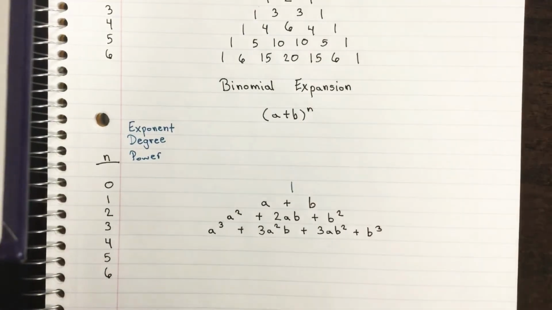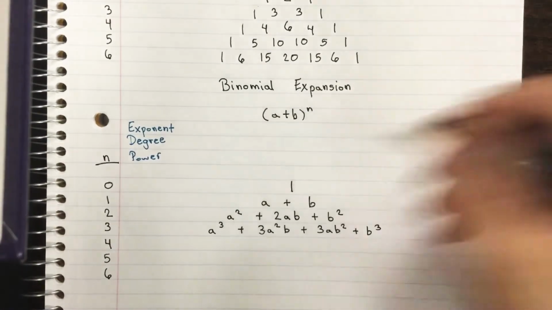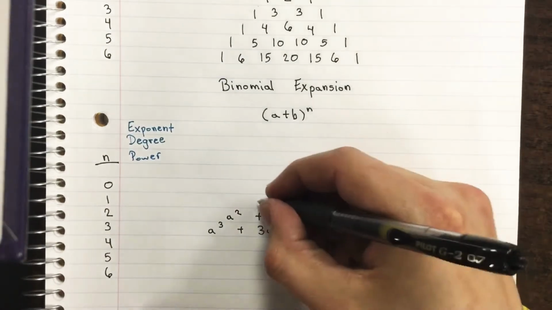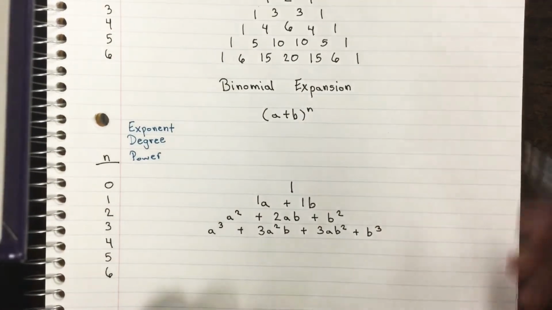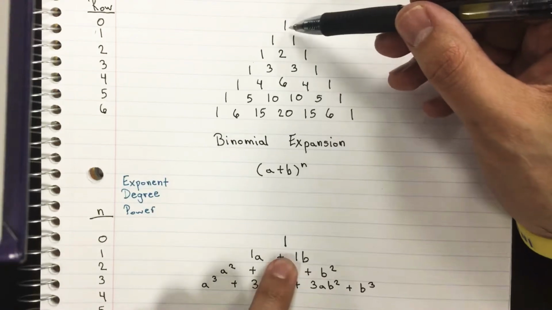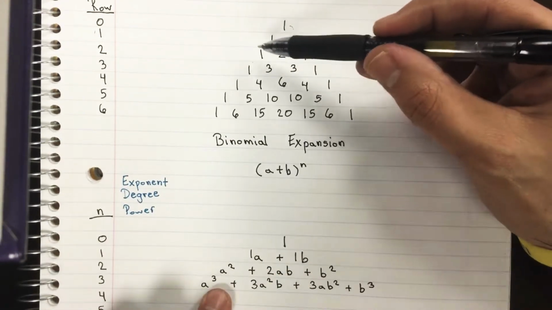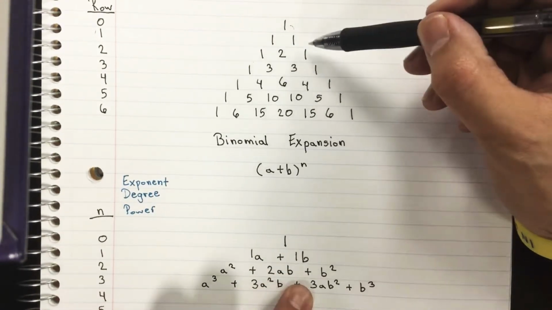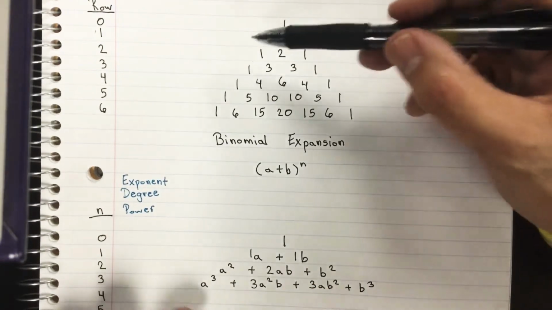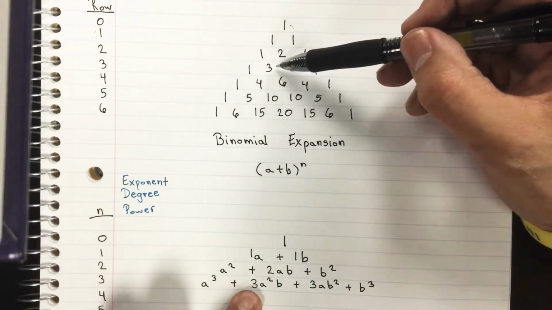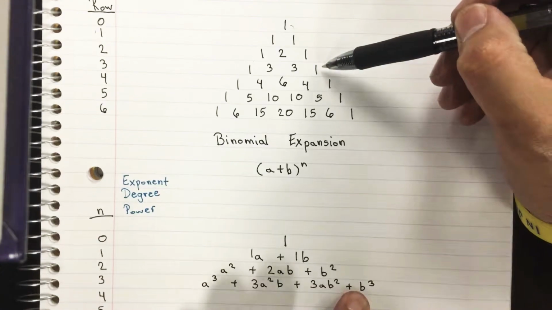So if I had the 1 here, all these coefficients, I could technically put a 1 here as well. So that's just like our Pascal's triangle. It's 1, 1, 1. And over here we have 1, 2, 1. And then over here we have 1, 3, 3, 1.